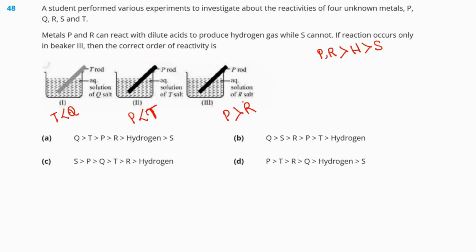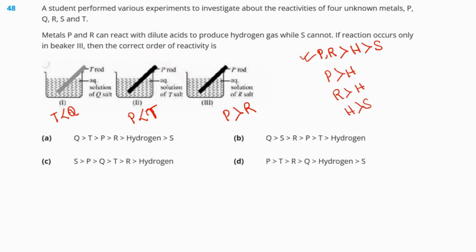Correct? So if we combine all these relations, what happens? P is more than H, R is more than H, which is more than S, from before. From the displacement reaction, we can understand that P is more than R, Q is more than T, and T is more than P. Right?